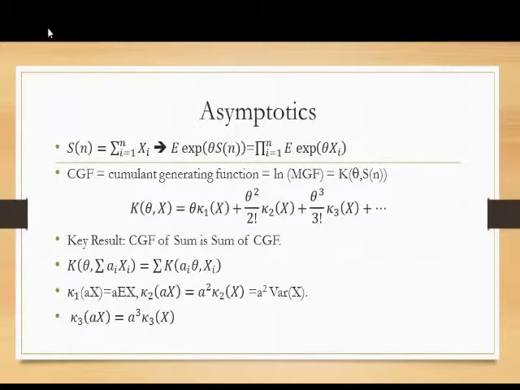Now, similarly, you can also approximate the distribution of the sum of numbers by a normal distribution if you do it correctly, and both of these come out of a very complicated result, but the key to understanding how this works is using the cumulant generating function.